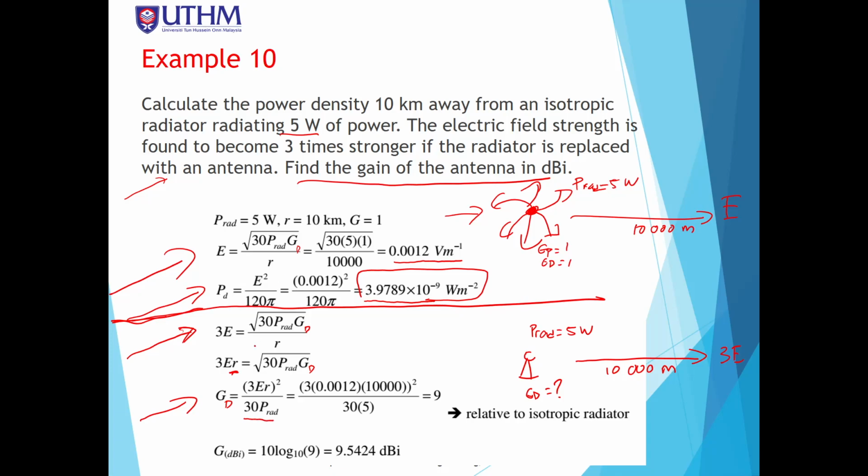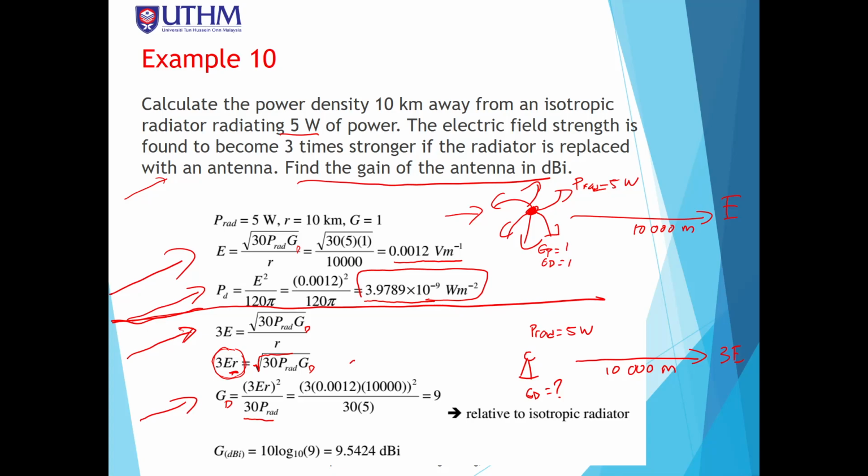Why is this squared? Because of the square root, we want to remove the square root, therefore we square the left side. Then from here we divide by P radiation. So we put in the values.